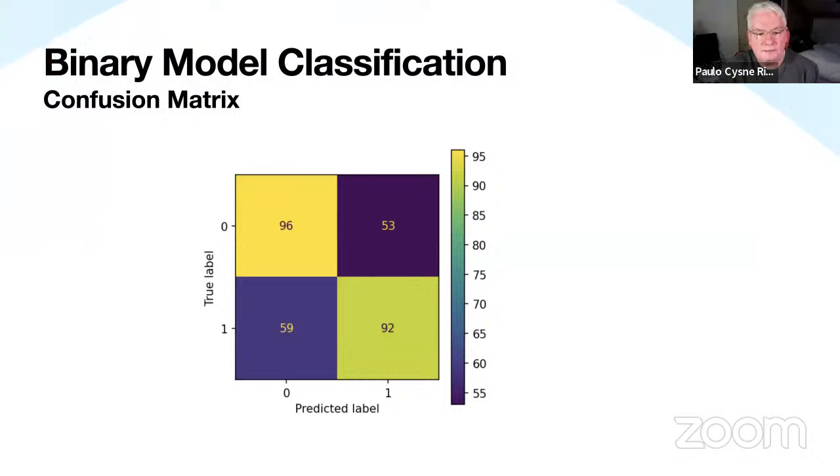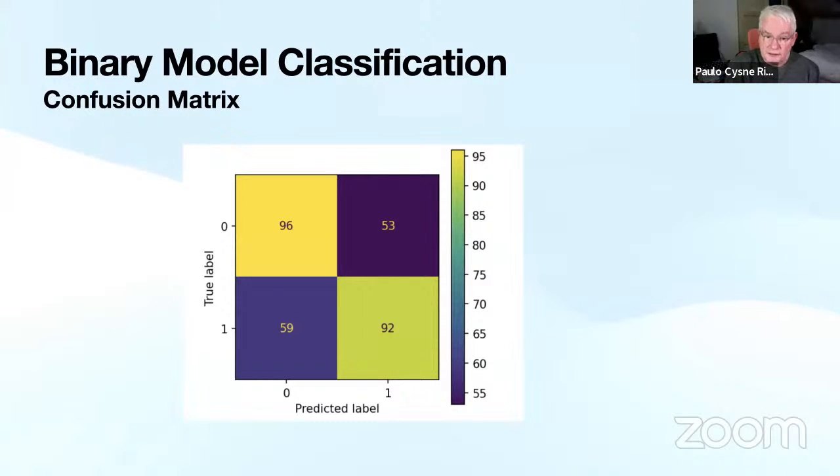But we have the other pink ones. The pink one on the top, which is 53, means that in 53 instances, the true class was 0. They belonged to the class of not a spam mail, not a fraudulent transaction, not a disease, but the model classified them as 1.